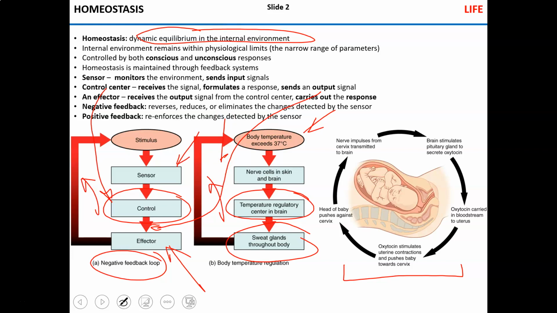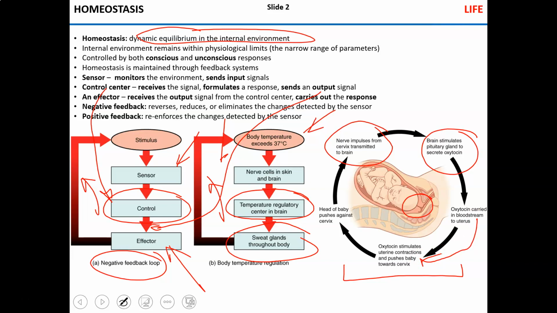Positive feedback can be observed in labor when the baby's head pushes on the uterine cervix. The cervix stretches. That stretch is sensed by mechanoreceptors that send nerve impulses to the brain. The pituitary gland in the brain releases oxytocin, which is carried to the uterus.